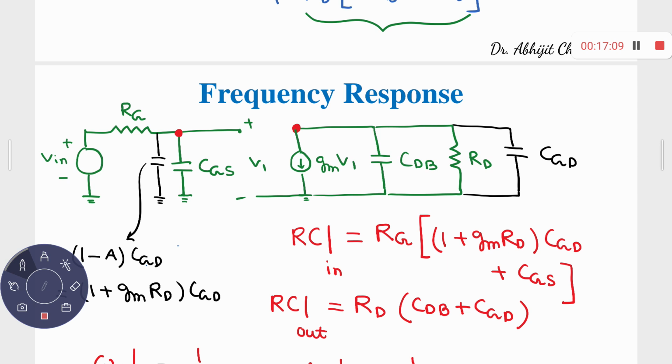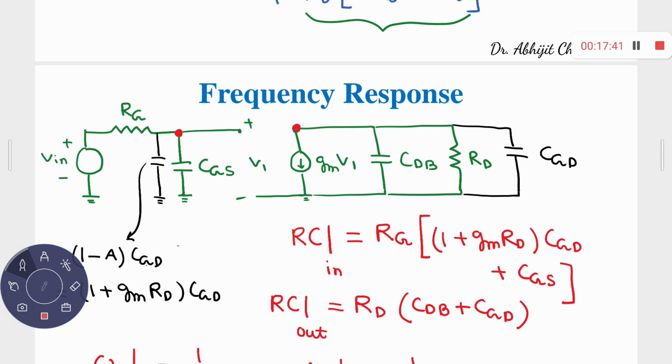You can always place some R naught like this, so this will be RD parallel R naught. But this is close to RD since R naught is large. So RC out is going to be RD into CD plus CGD.